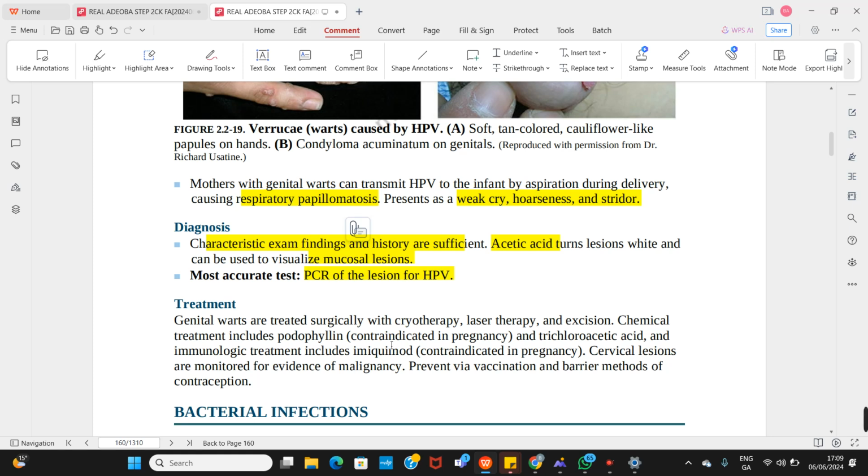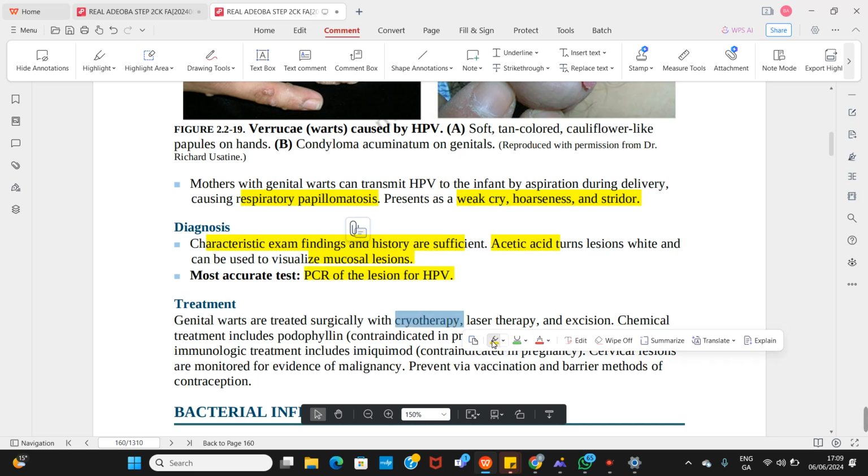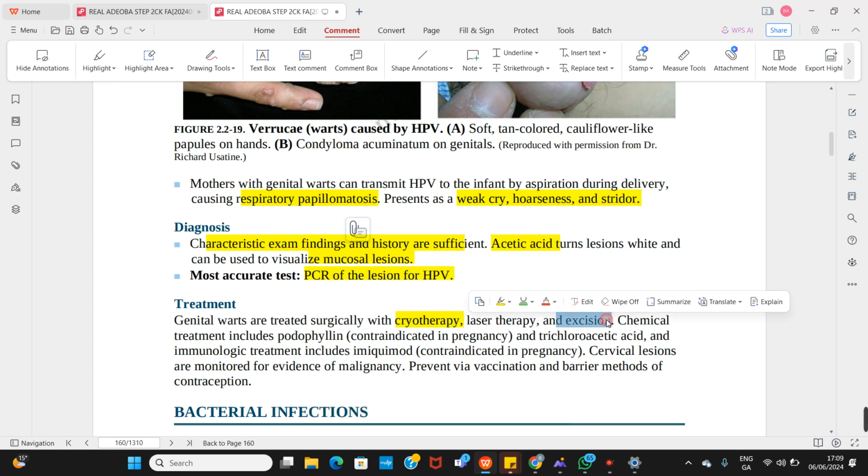How do you treat? So most of the time, what you do is a local removal, right? You can do your cryotherapy with your liquid nitrogen. You can excise surgically. You can do your laser therapy just like you do for molluscum. Cryotherapy, laser, but here you can also do surgical excision, because some of them can be very big, right?